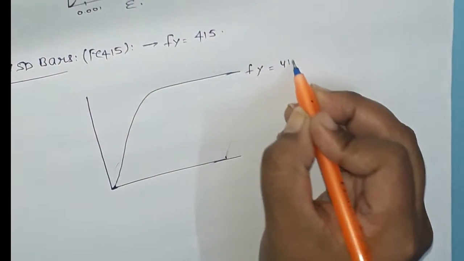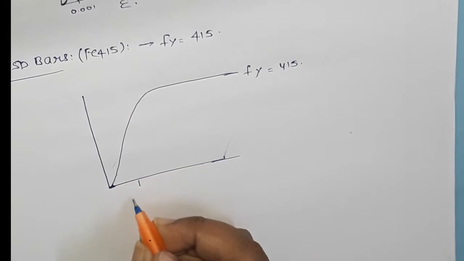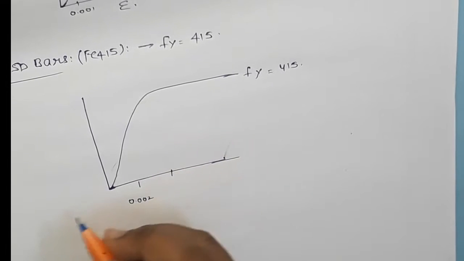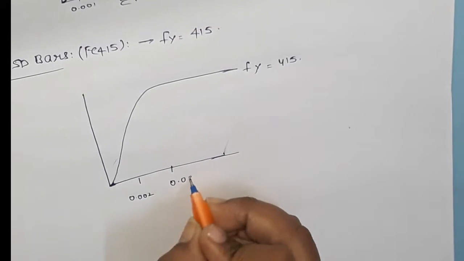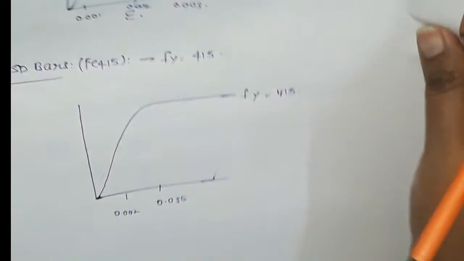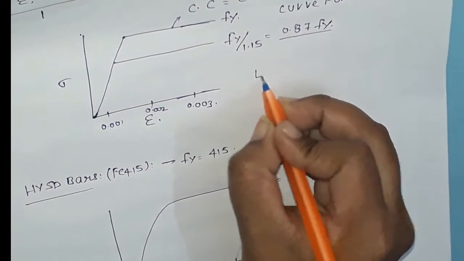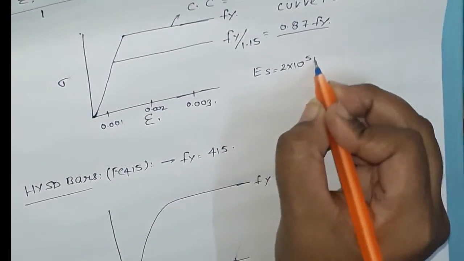Here Fy is 415. And one more thing is that we can calculate the Young's modulus of steel. Always Young's modulus of steel is 2 into 10 power 5 Newton per mm square.